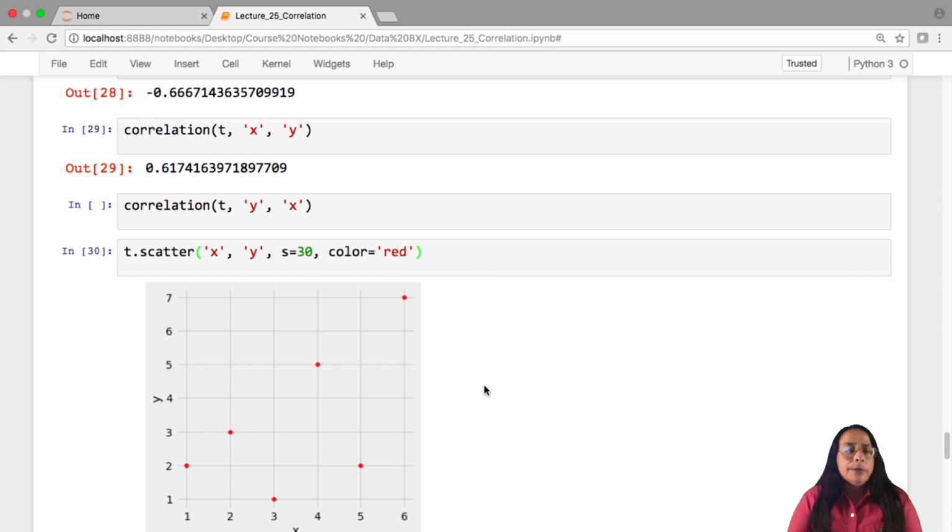What I would love to do now is to see what happens if we switch the x and y axis. So we have x going this way and y going this way. What if we were, for some reason unknown to us, wanting to switch y and x just because we can? Should we do it? What do you think will be the correlation when you switch y and x?